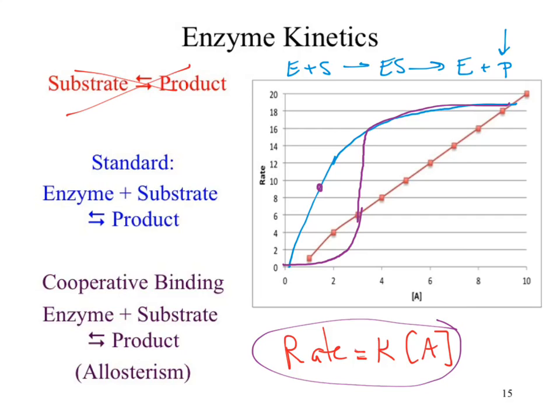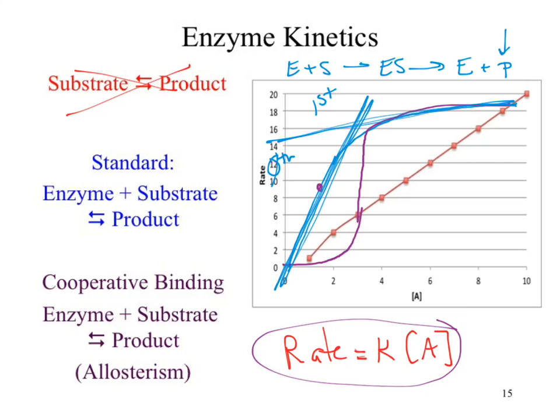If we look at our blue line, we could probably break that down or approximate it into two situations. At first, what do we have? A first order relationship. Then what do we have? It shifts to zeroth order.